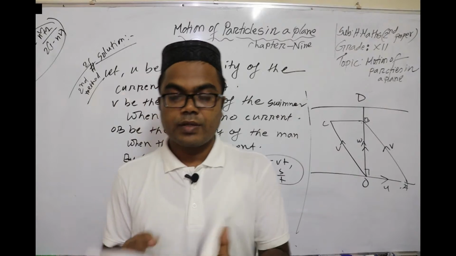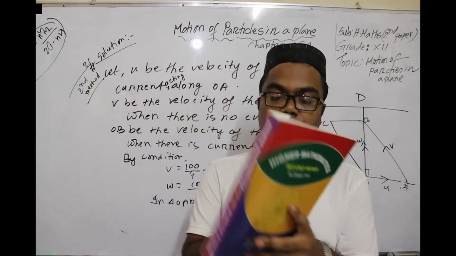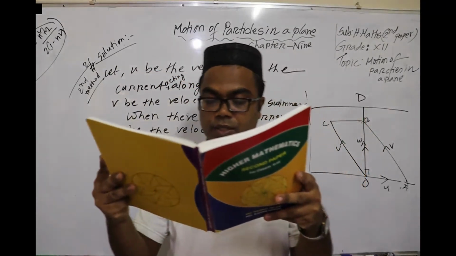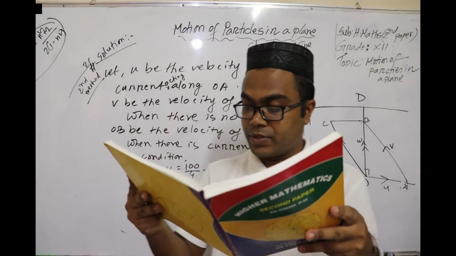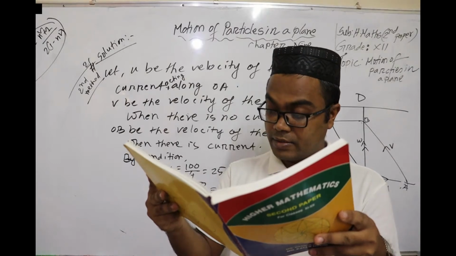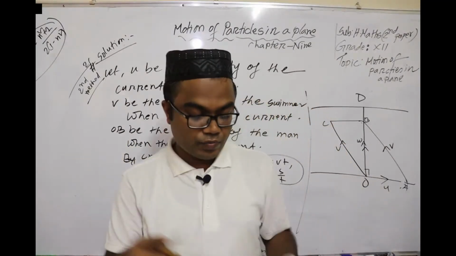Example 3, Nazrul Islam and Kitabuddin book. It's a very, very important question. A man swims directly across a flowing river in time T1 and he swims a distance equal to the breadth, like this.